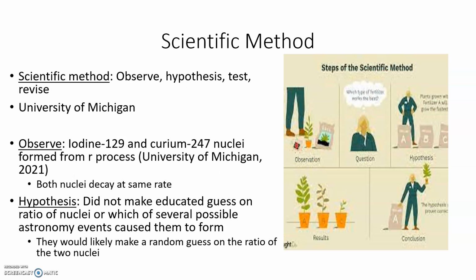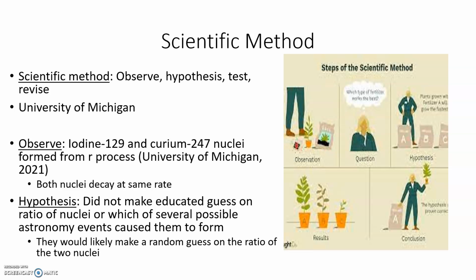The scientific method is what we use to conduct experiments and generate results or theories in an organized manner. For example, while studying potential origins of nuclei that were formed via the R process, the University of Michigan observed that two specific nuclei formed from the R process, iodine-129 and curium-247, which both decay at almost the exact same rate.